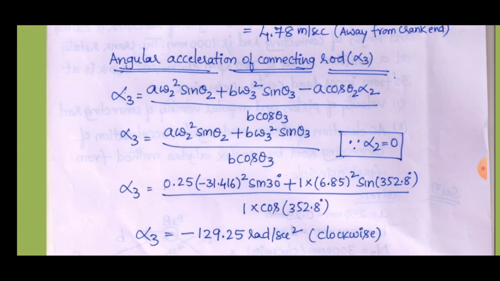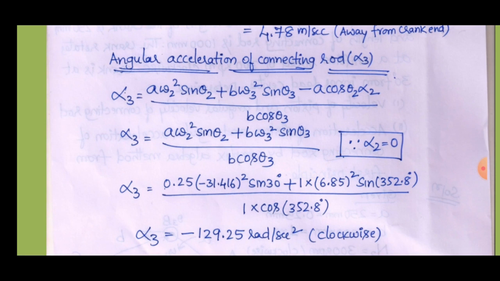Same formula you write down here. Once again, alpha 2 is equal to 0, therefore minus a cos theta 2 alpha 2 becomes 0, thereby alpha 3 is equal to a omega 2 square into sine theta 2 plus b omega 3 square into sine theta 3 by b cos theta 3.